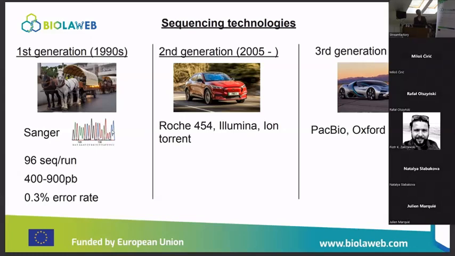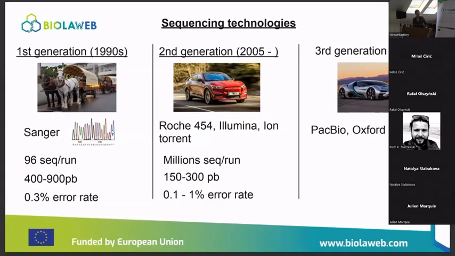Then, at the beginning of the 21st century, you have the second generation of sequencers with Roche 454, Illumina, and Ion Torrent. That's the high throughput sequencing that Agnes was speaking about, where we really increased the depth of your sequencing, where you can get millions of sequences in one run, but of a smaller size, and also with low error rates.